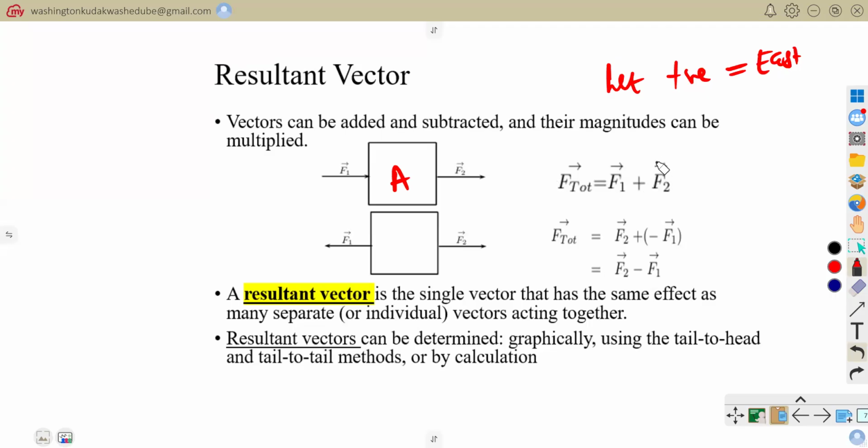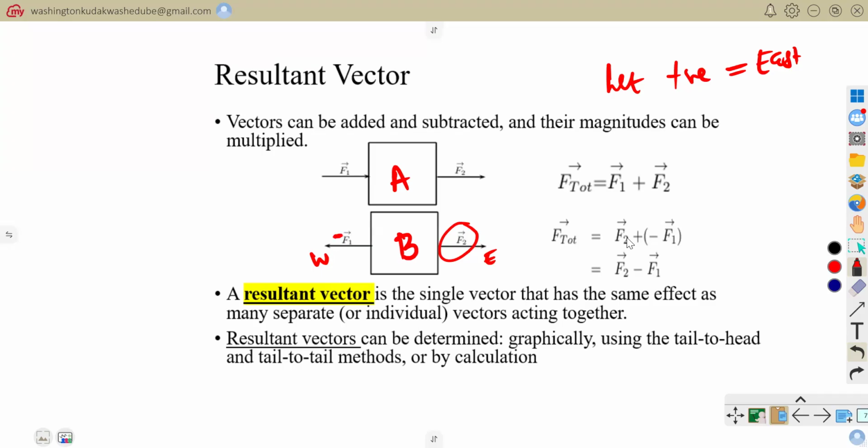But at some point in time, let's go to object B. You can see object B, the other vector is pointed towards the west, whilst the other one is pointed towards the east. So the one that is pointed towards the east carries a positive value. So that when you come here, you add F1 and F2, you would actually have this one having a negative.